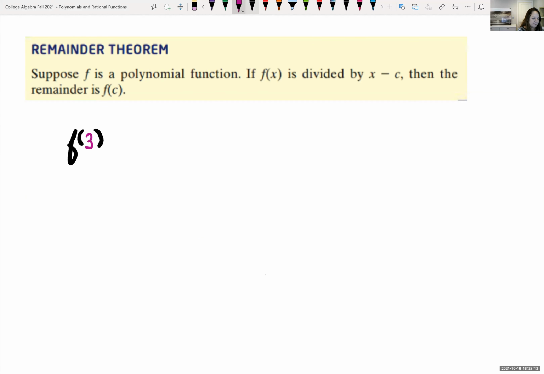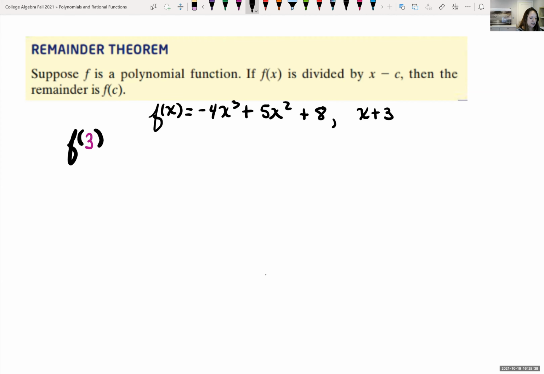Let me just write down f of x again. So f of x was equal to negative 4x cubed plus 5x squared plus 8. And we were dividing by x plus 3.